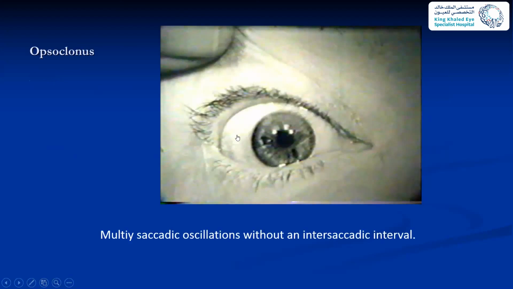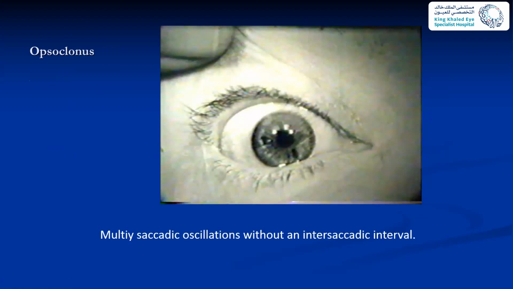I just want to show you here an example of opsoclonus. Opsoclonus is a type of multiple saccadic oscillation without intersaccadic interval.